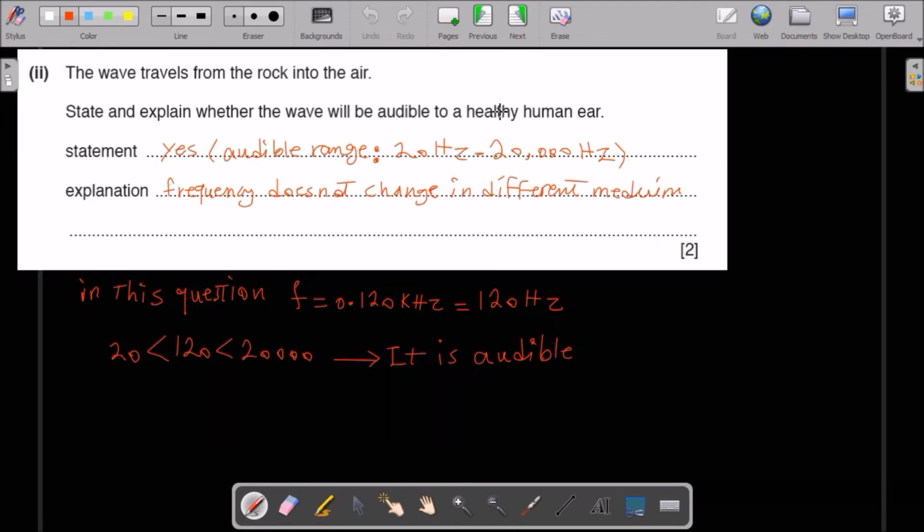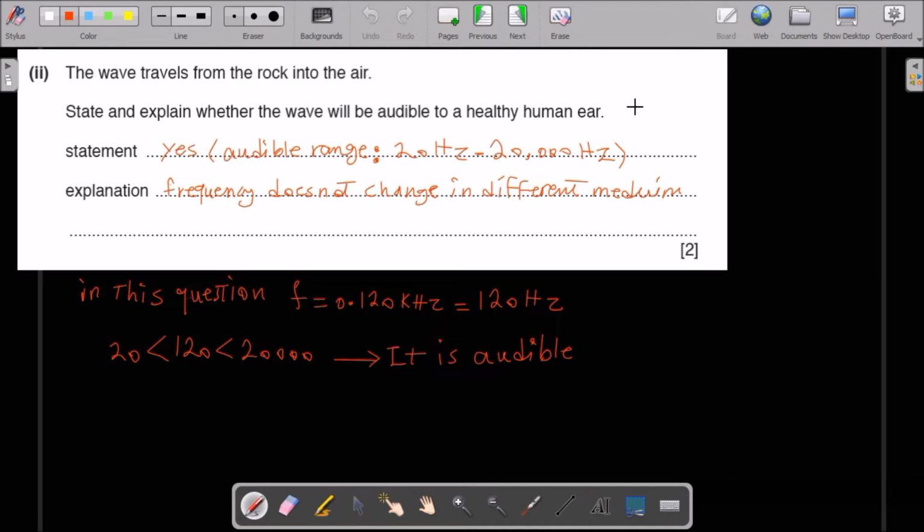The wave travels from the rock into the air. State and explain whether the wave will be audible to a healthy human ear. Okay. So you know that the frequency in this question is 120 hertz. 120 is between 20 and 20,000, because you know that the range of audible sound is 20 hertz to 20,000 hertz.